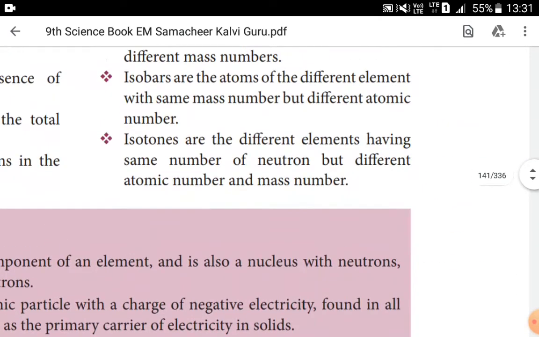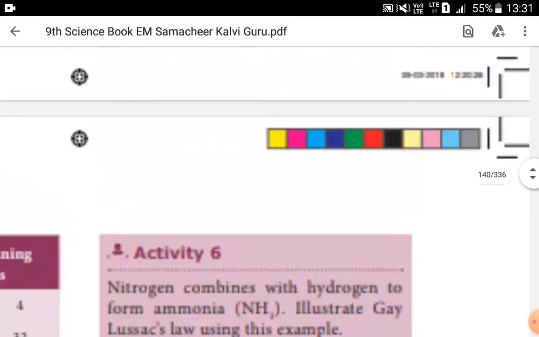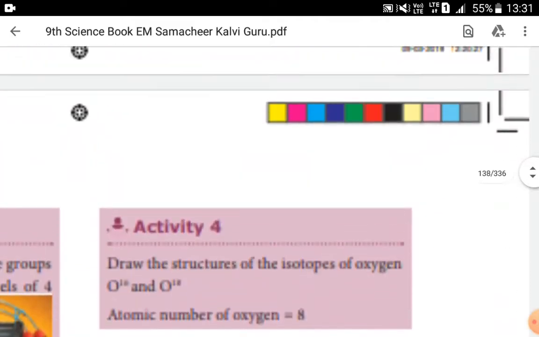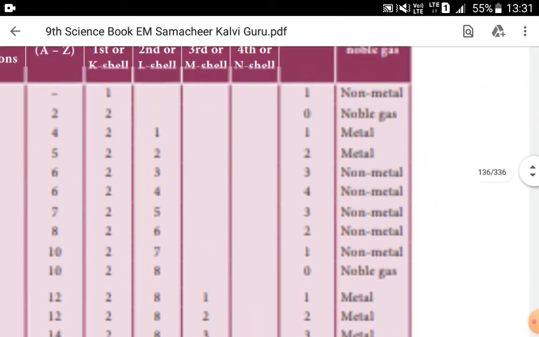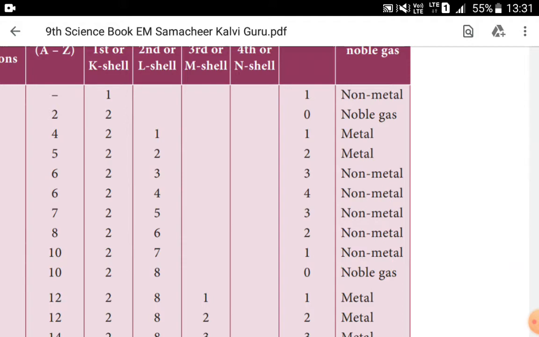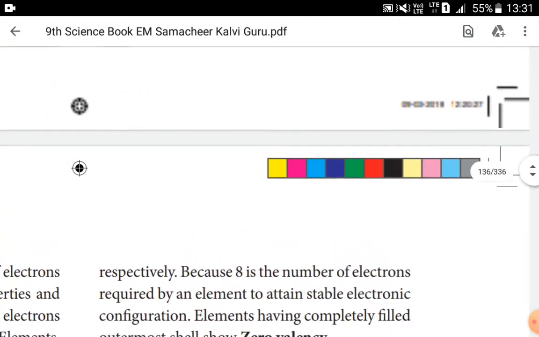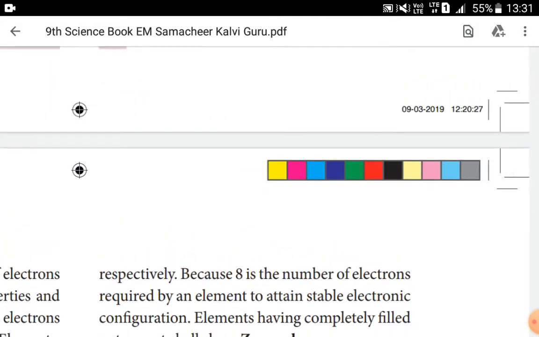In a mixture, the components may be separated by physical methods, but in a compound, the constituents can be separated only using chemical reaction.